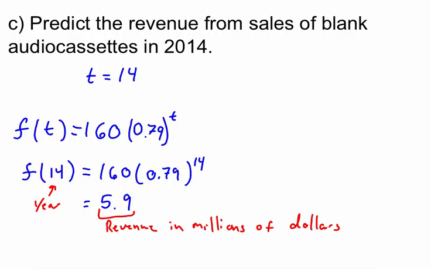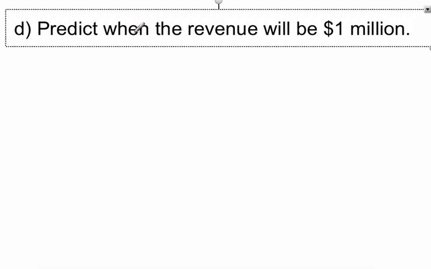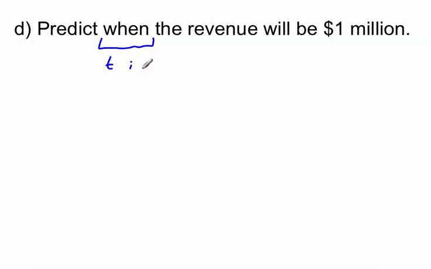Okay, so next question here. So predict when the revenue will be 1 million. Okay, so right here, when. Here, T is unknown. Okay, so f of t, what year?